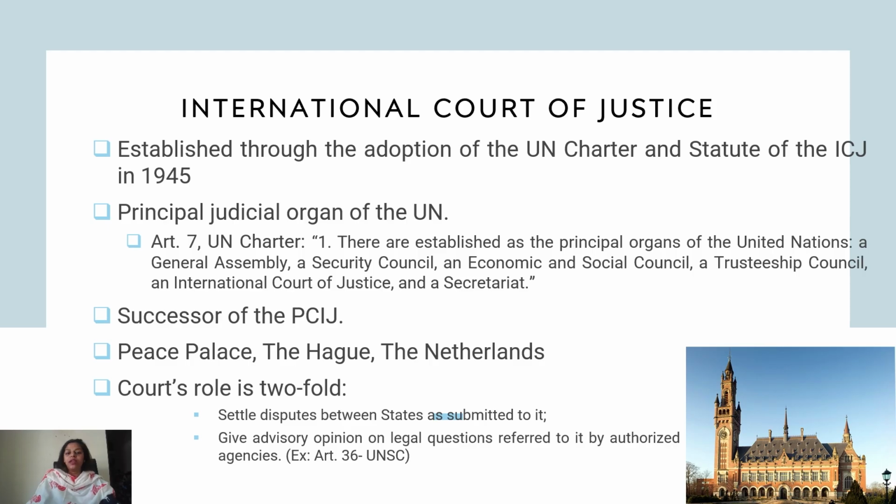And for it, one can look at Article 36 of the United Nations Charter, which talks about the power of the United Nations Security Council to refer a legal question for advisory opinion to the International Court of Justice.